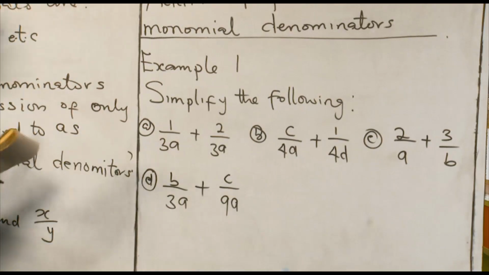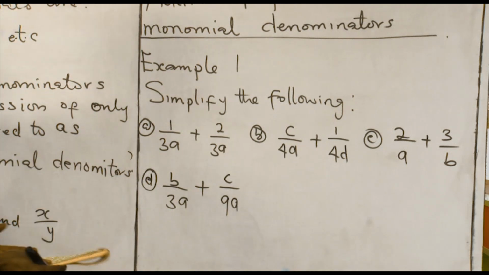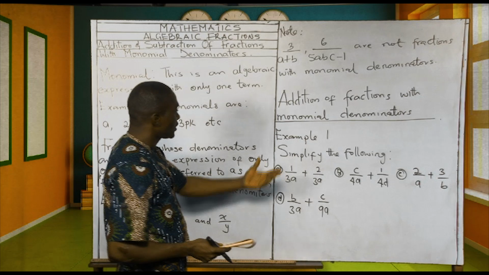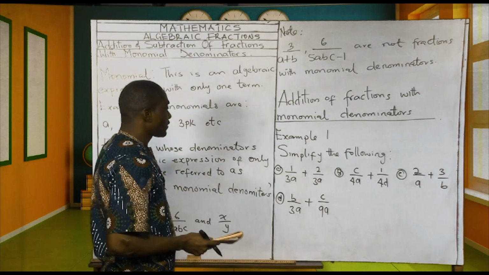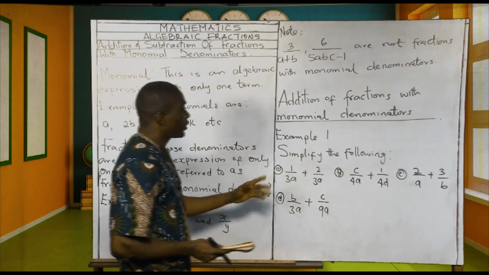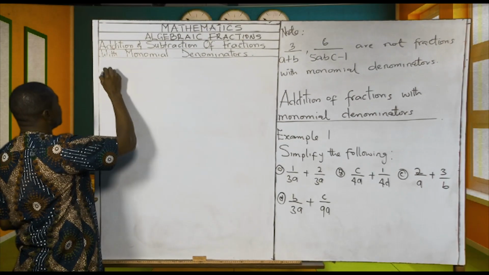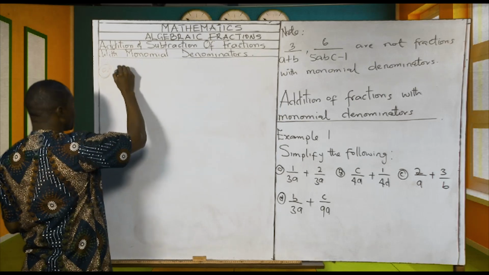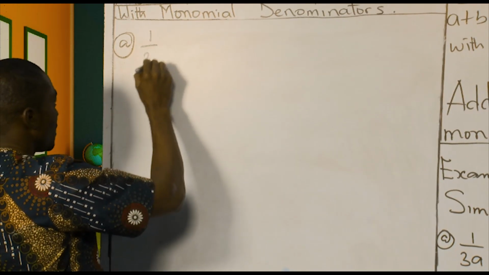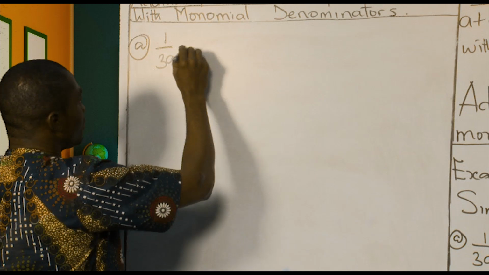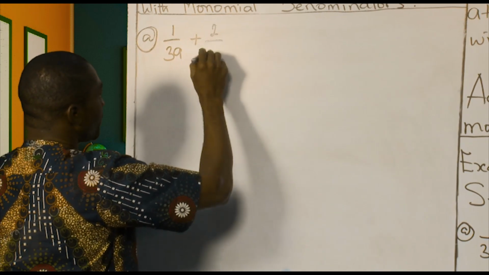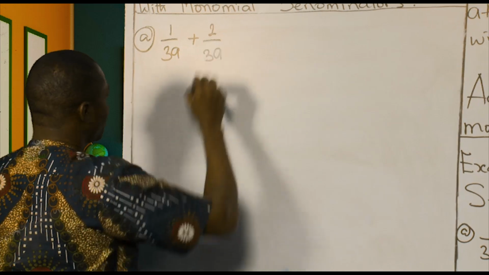So we are on the right track. Now let's see how we can add the given fractions, one after the other. A: 1 over 3a plus 2 over 3a.